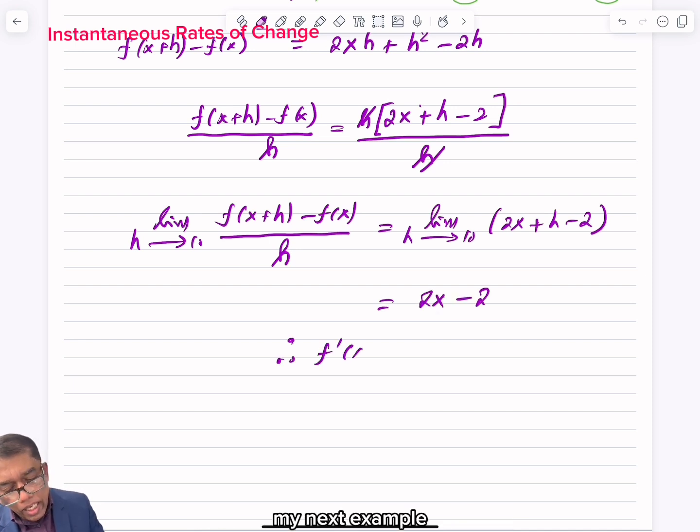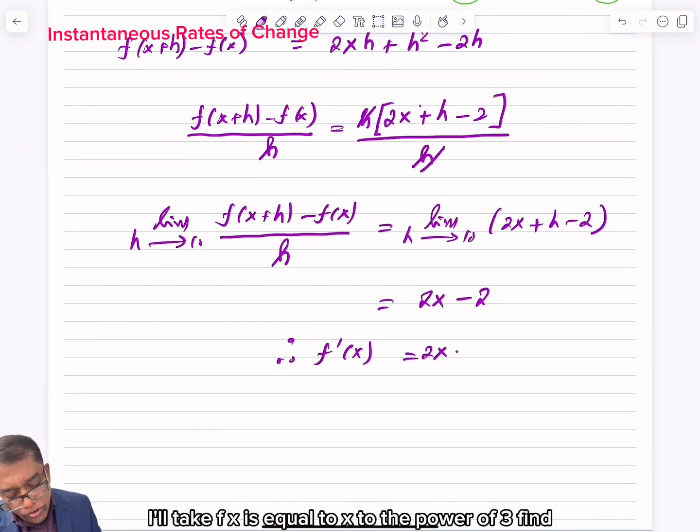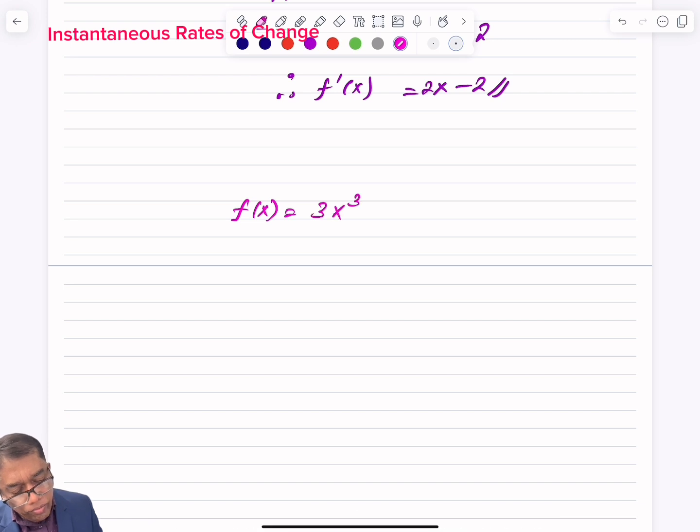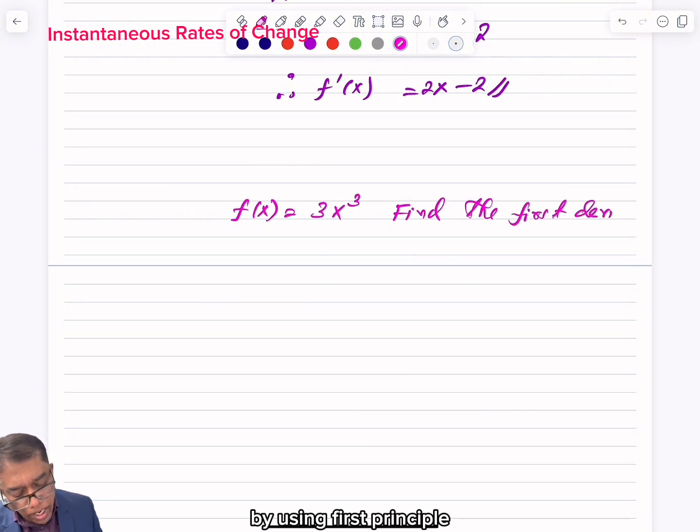My next example, I'll take f(x) equal to 3x to the power of 3. Find the first derivative by using first principle.